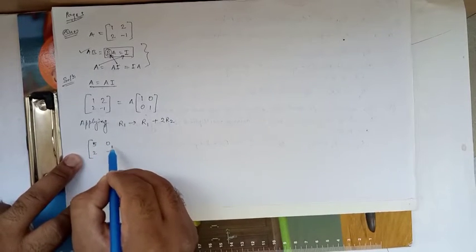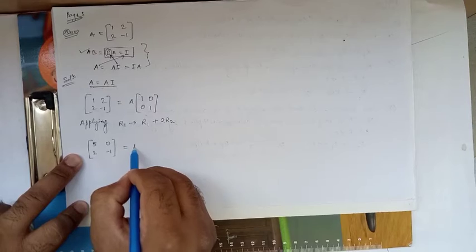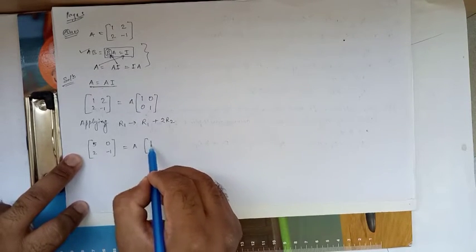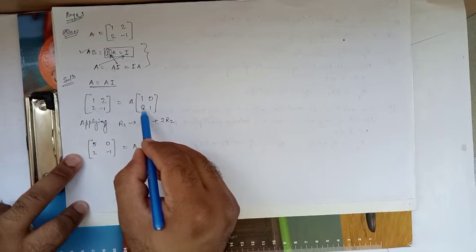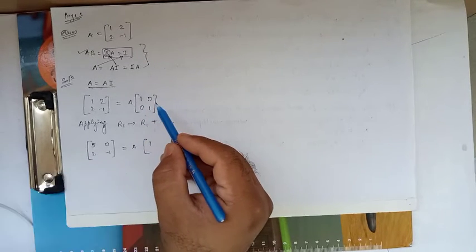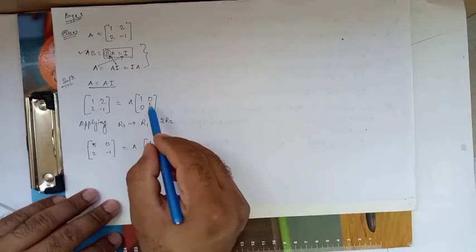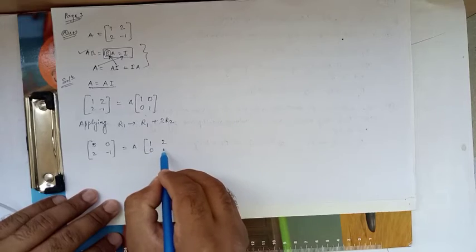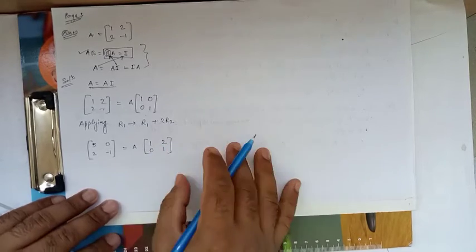R2 will be as it is, equal to A. Here what we get is 1, because 2 into 0 will be 0, 0 plus 1 is 1, and this will get 0 plus twice R2, this is 2, and second row will be as it is.